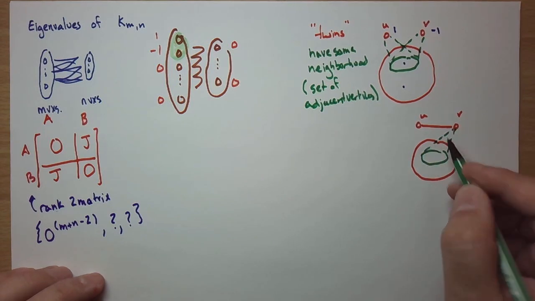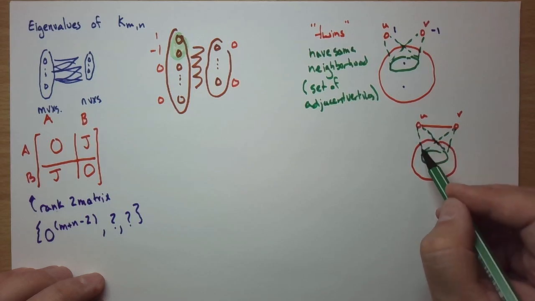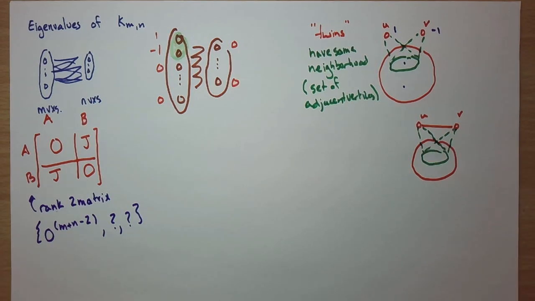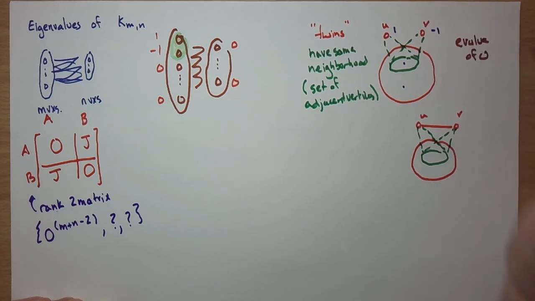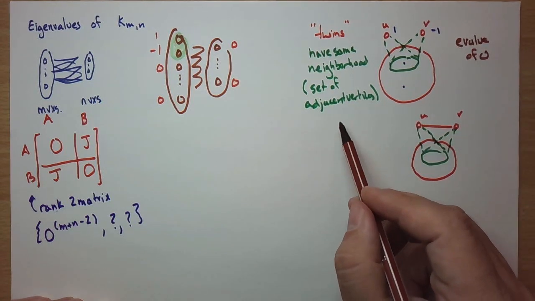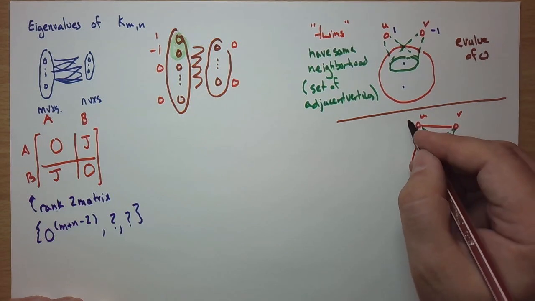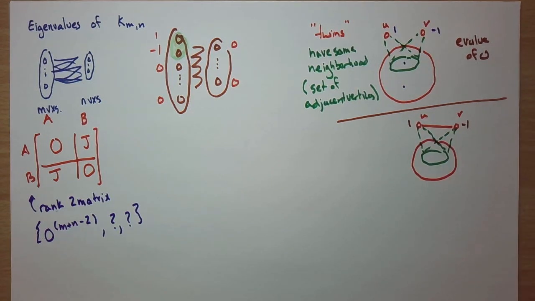So sometimes you'll talk about a closed neighborhood versus an open neighborhood. A closed neighborhood is the set of adjacent vertices together with yourself. So in this case, they have the same closed neighborhood. I claim that this also has a nice eigenvalue. So remember twins, you got an eigenvalue of 0. So in this case, if the twins are adjacent, put a 1 and minus 1, what's your eigenvalue?